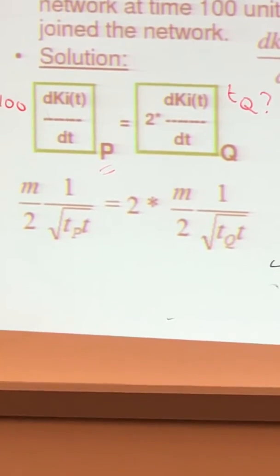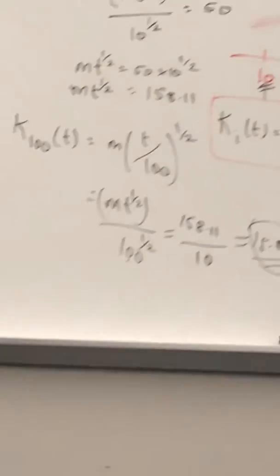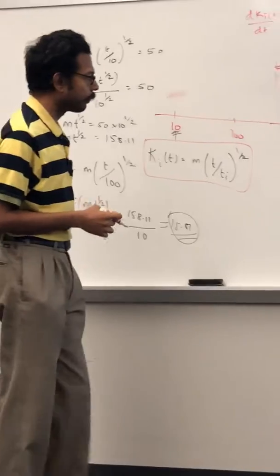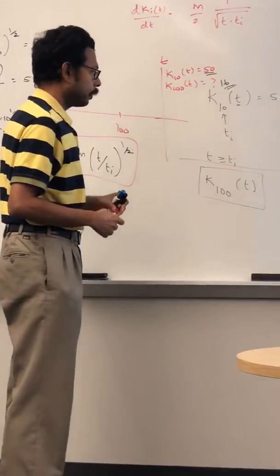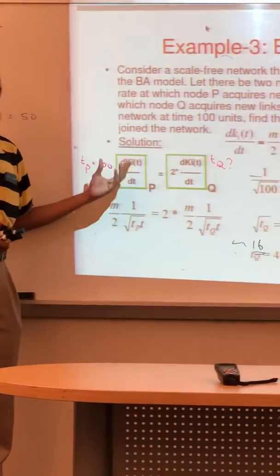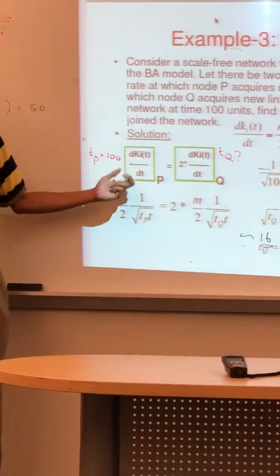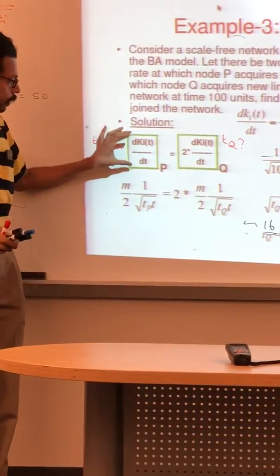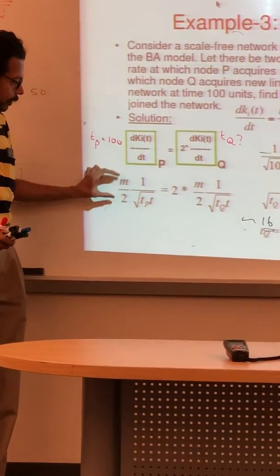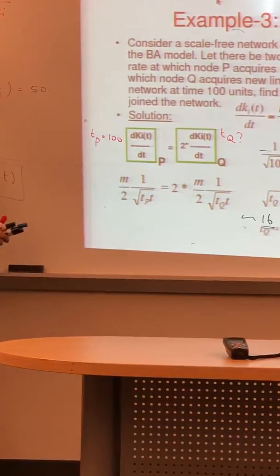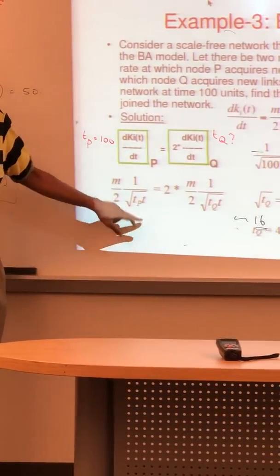Again, we have to combine the different parameters because there are a lot of unknown variables here. So let us see what to do. You are given this relationship: the rate at which the degree grows is twice. So let us substitute the expression. For P, it's m over 2, 1 over square root of tp, times t.